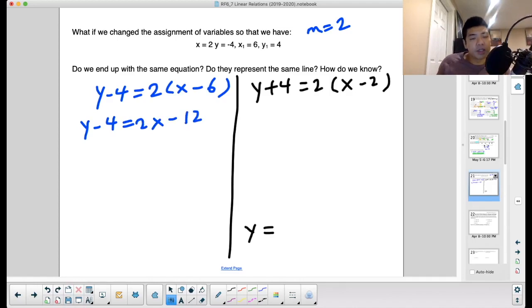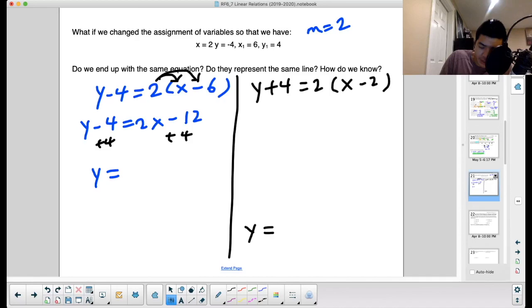So we're going to isolate that y by adding 4 to both sides. If you're a little confused about what I did over here, I'm going to distribute and multiply those. So we finally end up with, on the left side, y is equal to 2x minus 8.